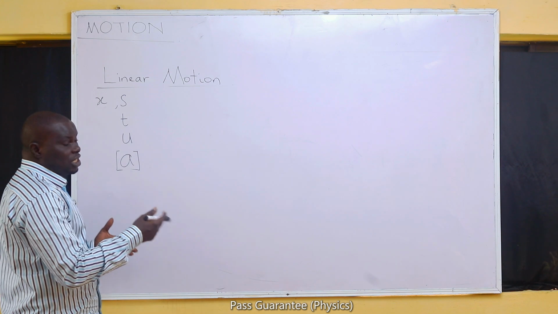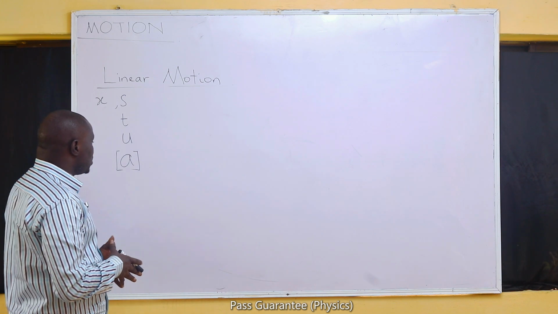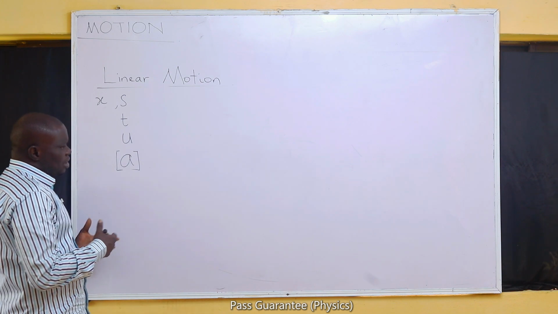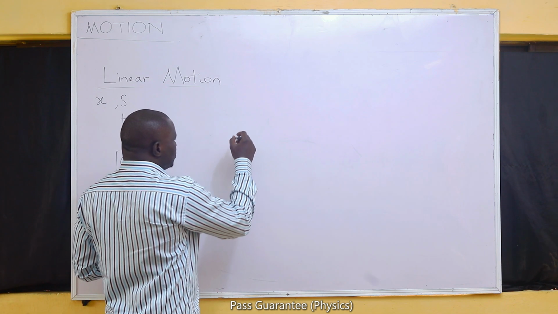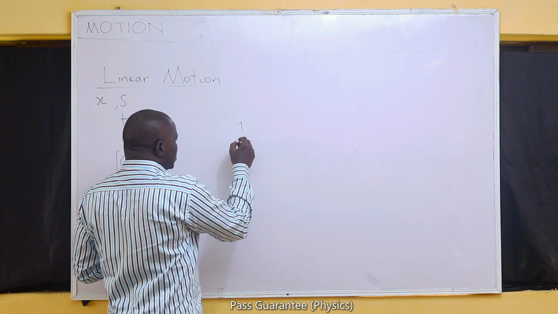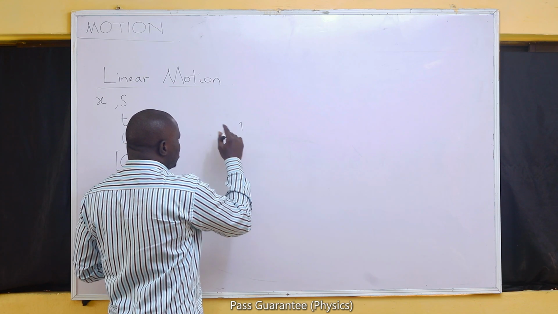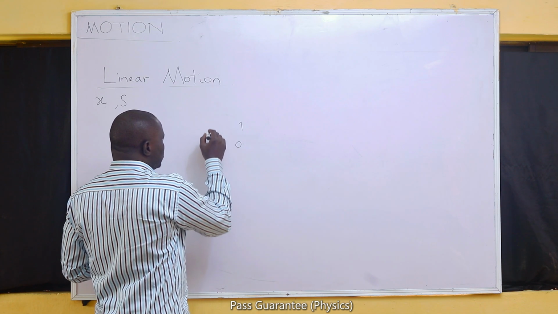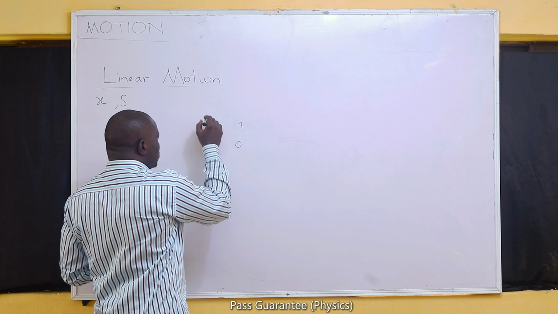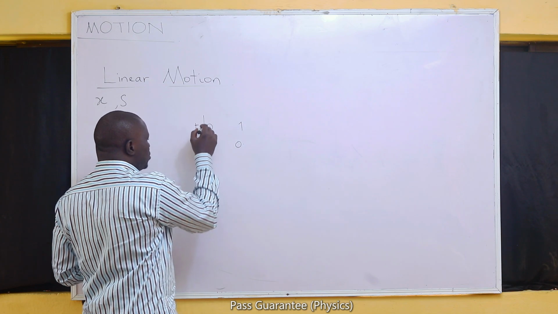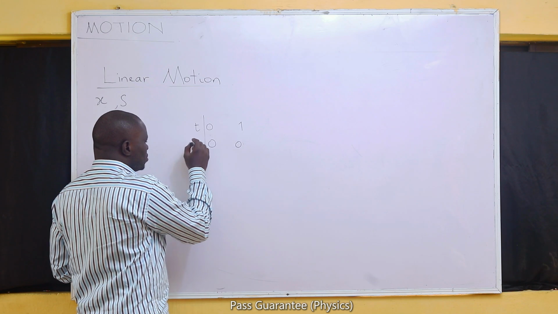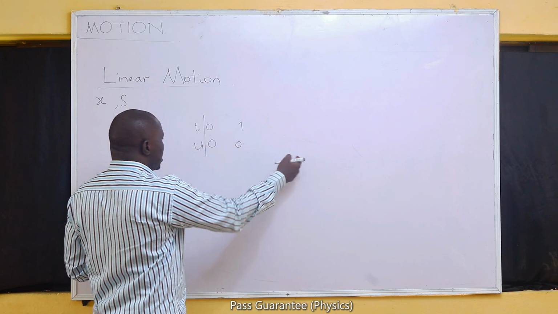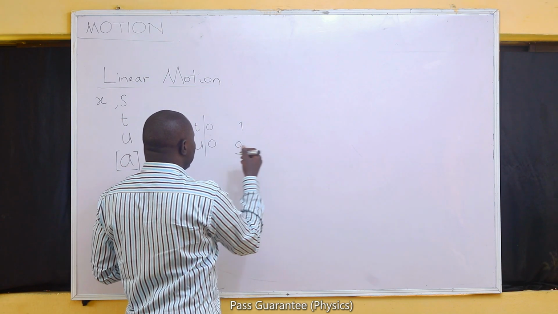Acceleration is the rate of change of the speed. That means, let us take an example of an object, like the one I told you earlier. Let's assume that the object was starting with a velocity of 0. At the start of the motion, the velocity was 0. I'm going to be writing the velocity here, and I'm going to be writing the time here.